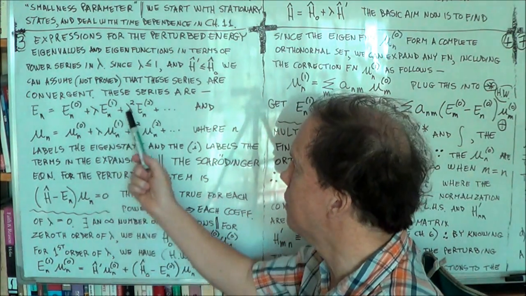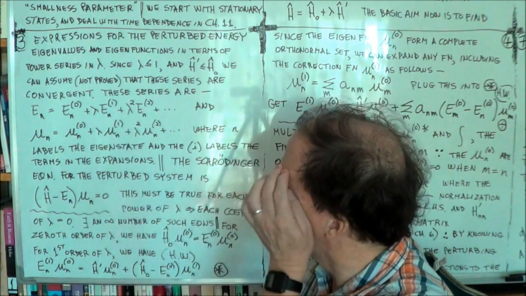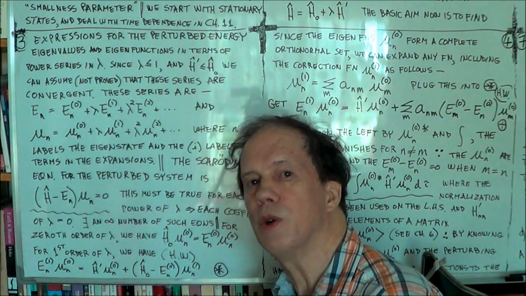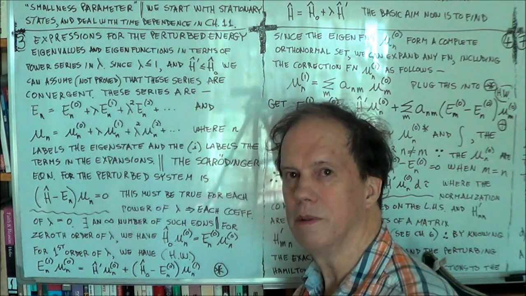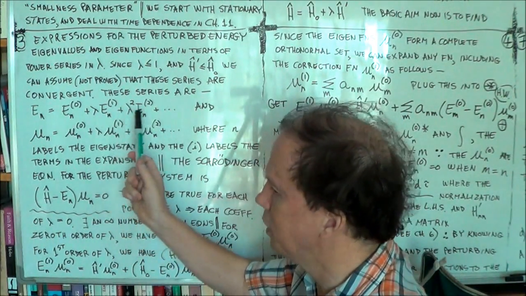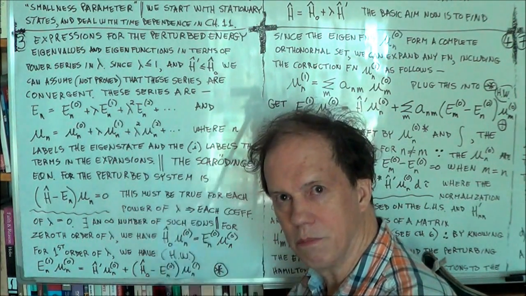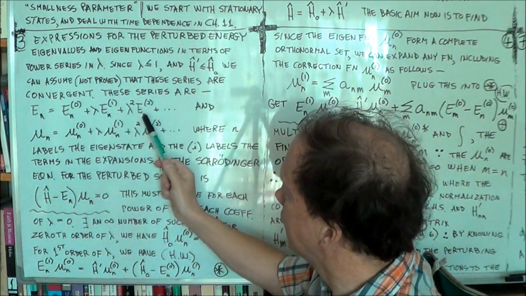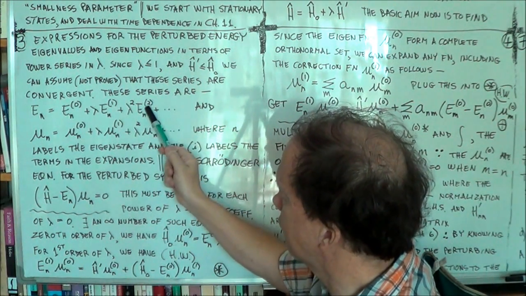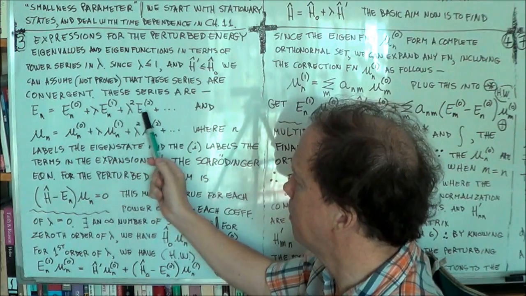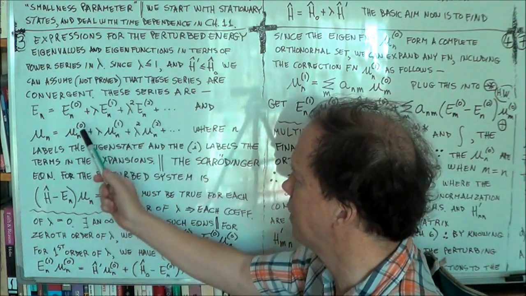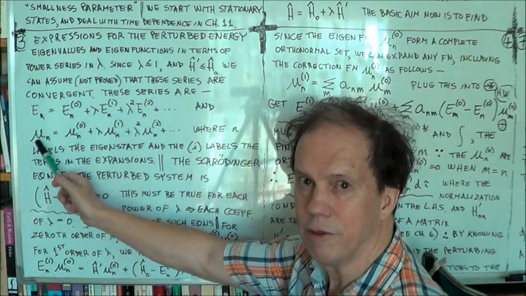That's your, quote, first order eigenvalue correction when you add the extra term to the Hamiltonian. And similarly, this is the second order correction because it's the coefficient of lambda squared, and so on.